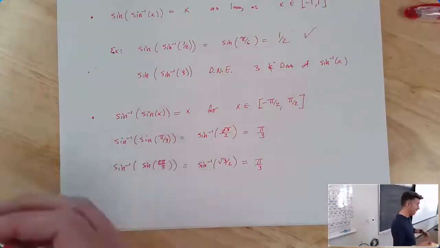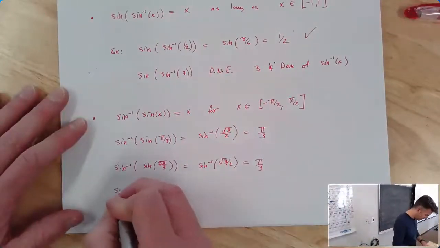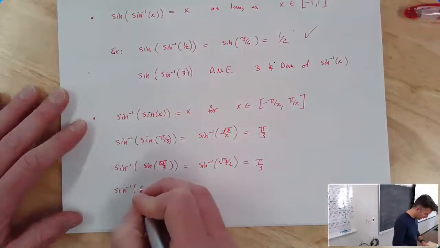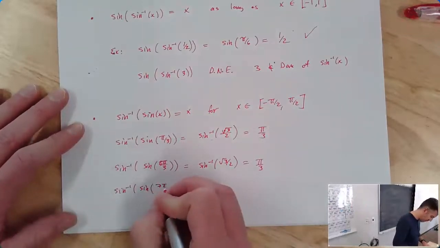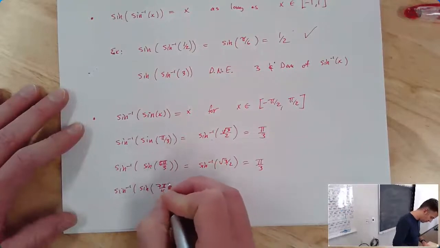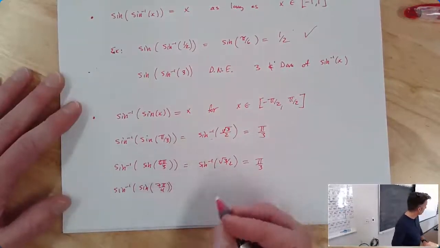You can take sine of any value. Just your outputs are going to be very limited. So for example, if I wanted to find the inverse sine of sine of 7 pi over 4, well, 7 pi over 4 is in quadrant 4. Sine is negative there. It's a pi over 4 reference, so we know it's root 2 over 2.